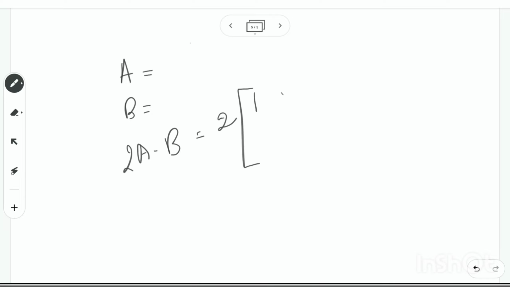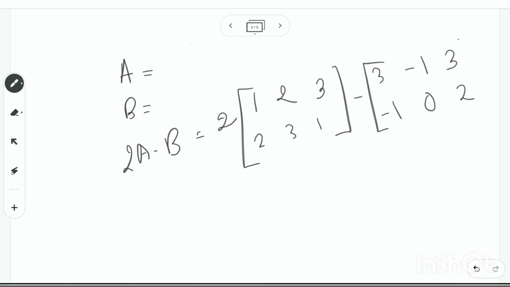So 2 into A matrix, which is given as 2 1 2 3, then 2 3 1, minus B. B is 3 minus 1 3, then minus 1 0 and 2. Just simply multiply the 2 with every element.